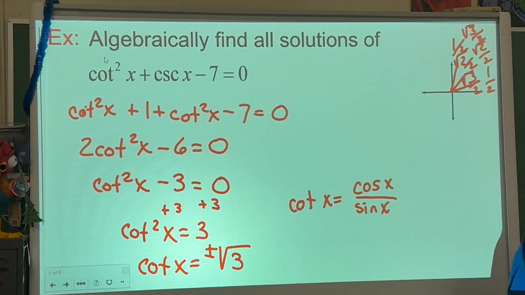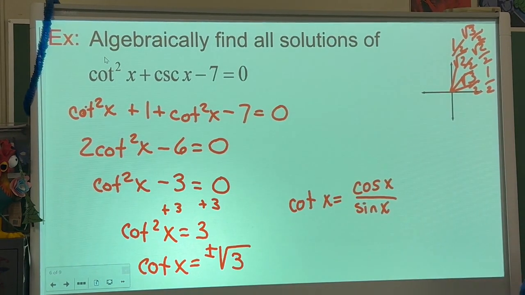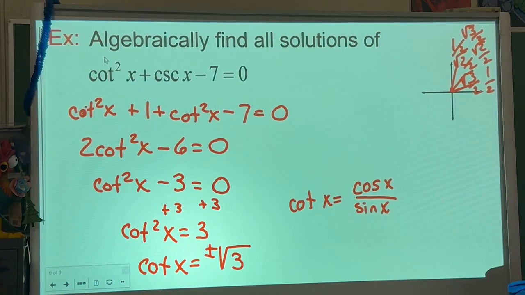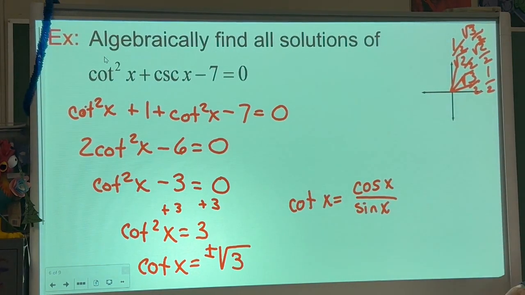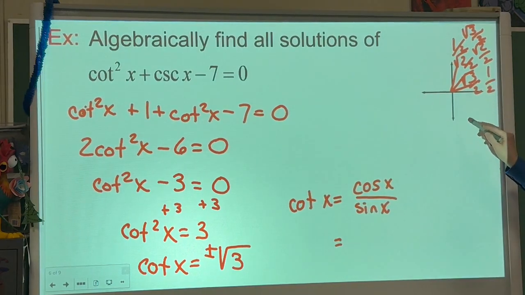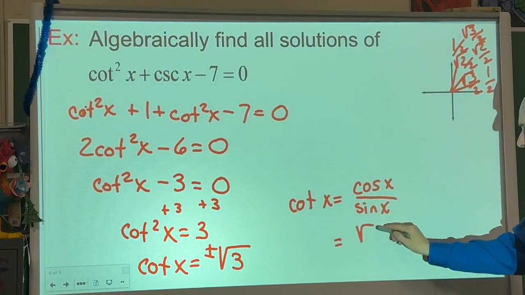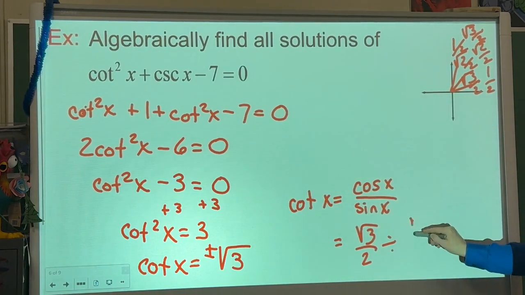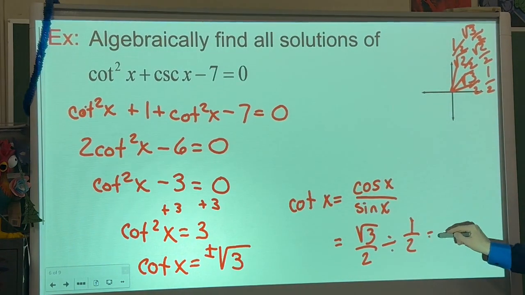It's either 30 or 60. One or the other. Which one do you want to start with? If we pick the wrong one, we know we just picked the other one, and it'll be fine. Okay, let's just start with 30 degrees. Cosine is radical 3 over 2, divided by sine, which is 1/2.